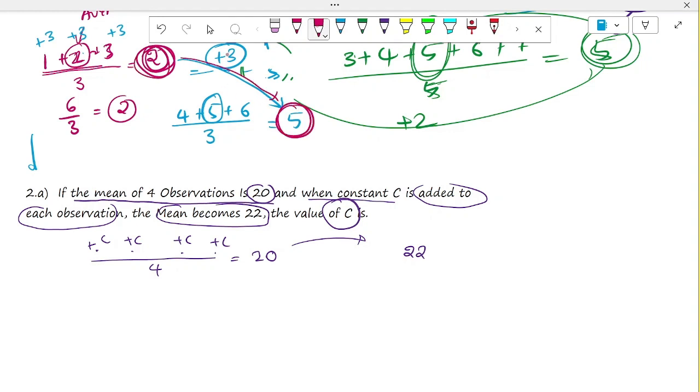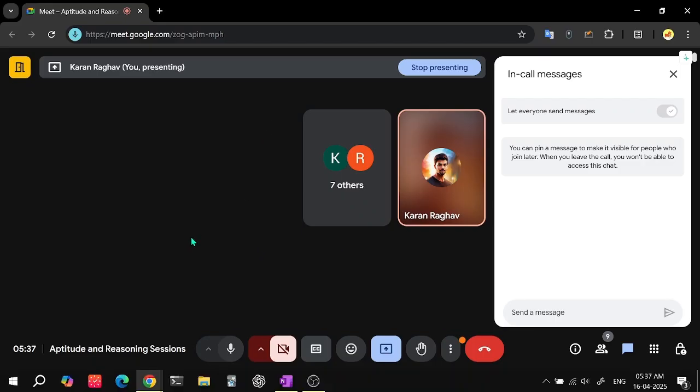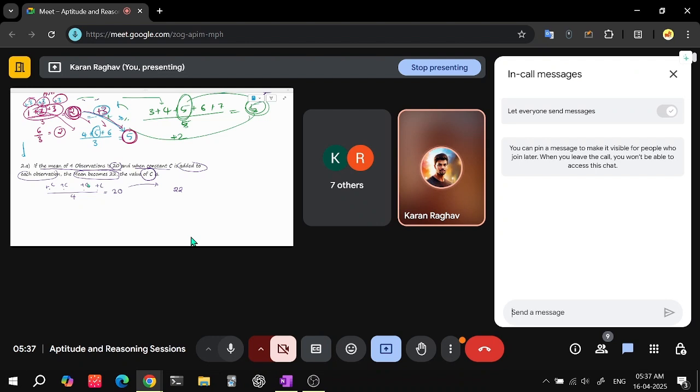It means there was a change of plus 3, and in each observation the same thing will be done. The same thing was done, so we have got 4, 5 and 6. So I hope you understood this question. If you understood, just answer this question.